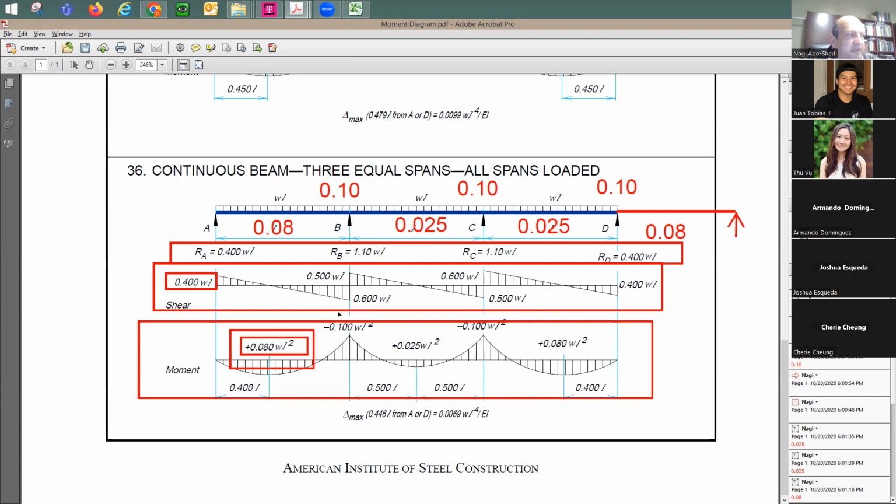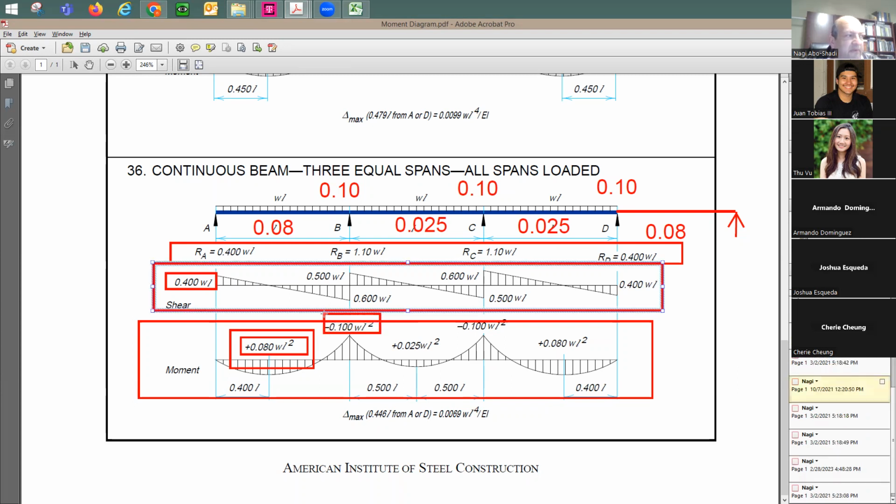It's this one. You have the weight and the span, 28 divided by 3, times 0.1, which is 10% of that. So maximum negative and positive, I can get from here. How about this one? It's 0.025, less than 0.08, so I don't need it. How about this? Again, 10% of W L squared. It's going to get repeated. So I have here the maximum negative and maximum positive. With that, I'm done with the moment.